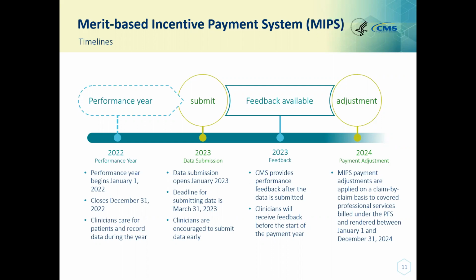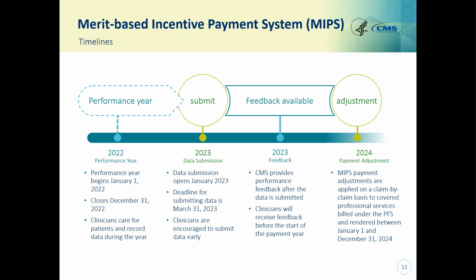There are different periods with preliminary feedback available, and then a final score preview period where we'll see final scores, but we won't have payment adjustment information available yet. Later, typically towards the end of summer, we have our payment adjustment information available as well.